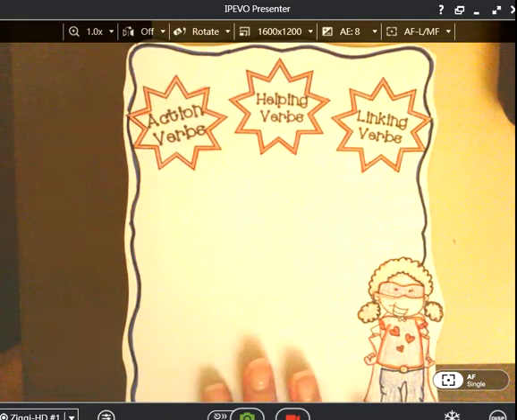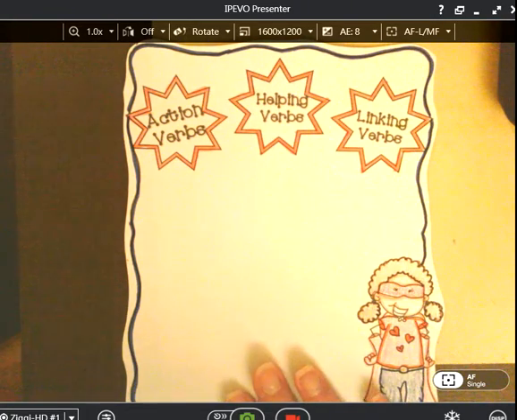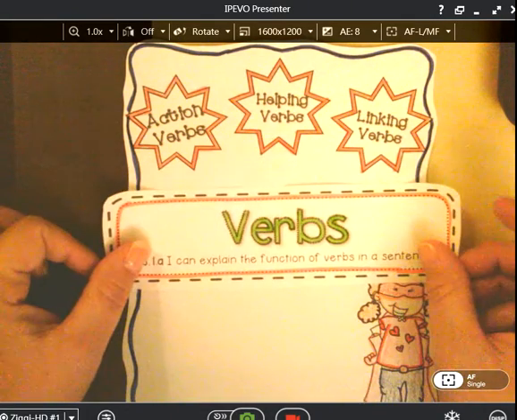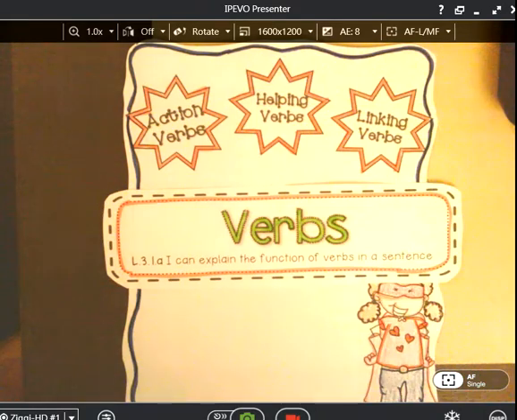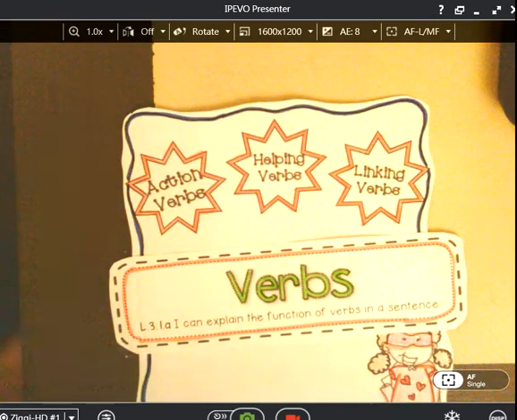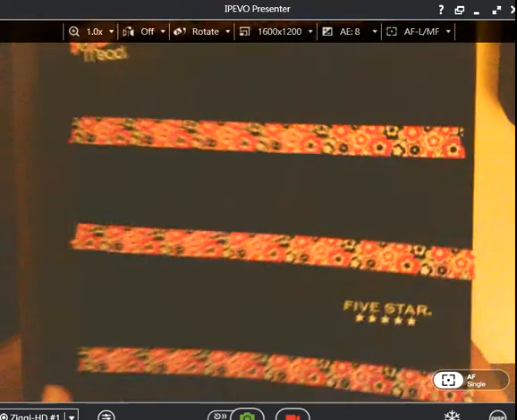Alright, so what I've done now is I have cut out and colored my little sheet here, and then also the title that you have, and we're going to be putting that in the first clean page that you have in your interactive notebook journals.